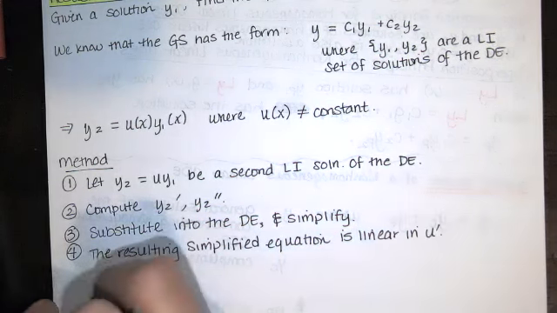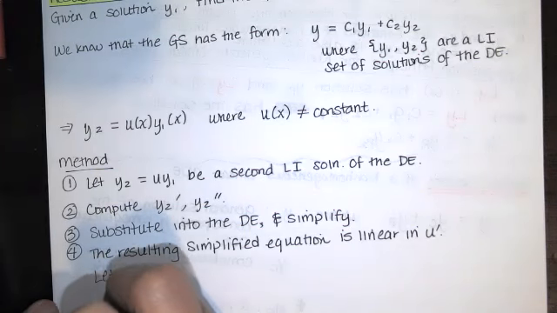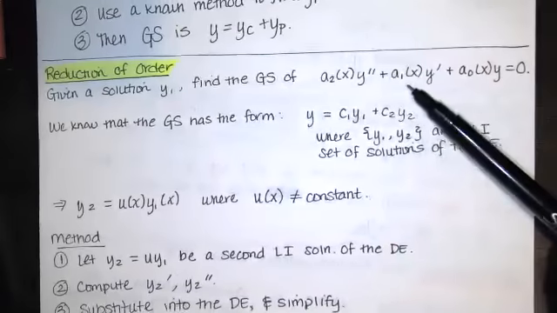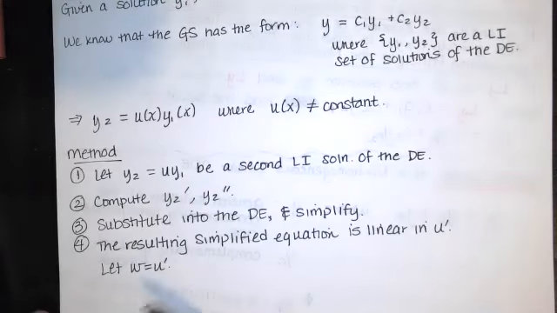So typically at this point, we let w equal u prime, and then you'll have a first order linear differential equation in w. That's why this is called reduction of order. It takes that second order differential equation that we started with and, through a substitution, makes it a first order linear equation.